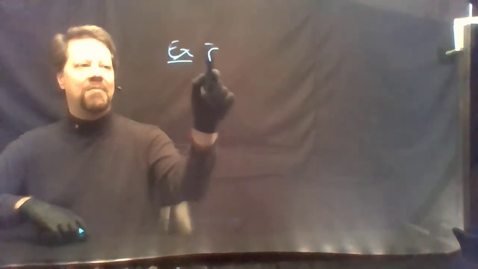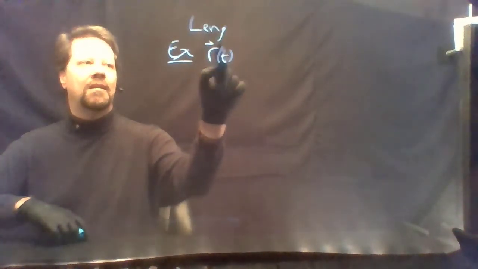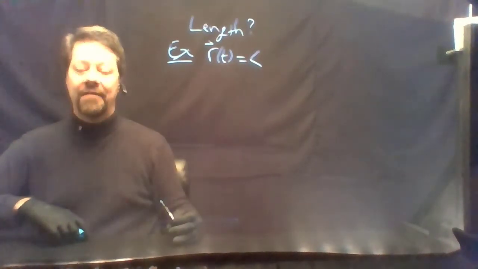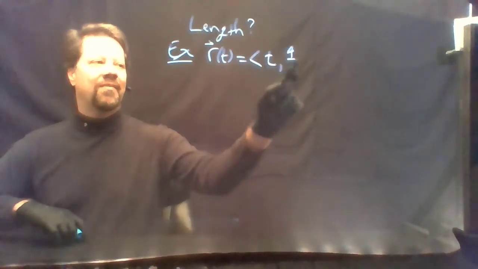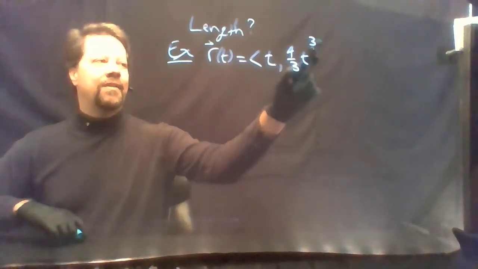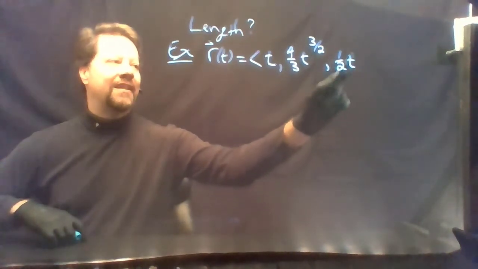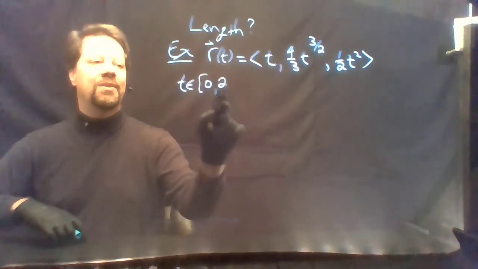In our next example, I want to find the length of the vector valued function t, 4/3 t to the 3 halves, 1/2 t squared, where t runs from 0 to 2.